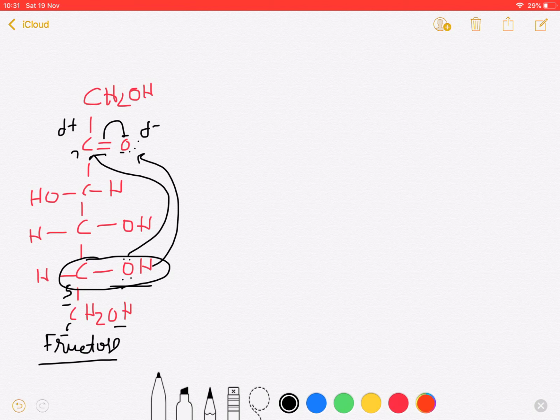Okay, and the ketone oxygen is present with carbon number 2. As a result of this reaction, the formation of an internal hemiketal takes place. This is how the internal hemiketal looks.